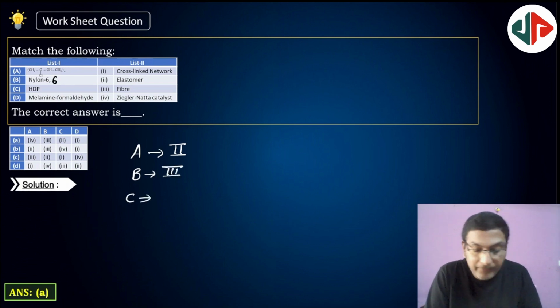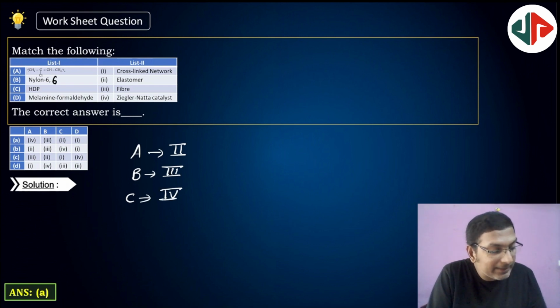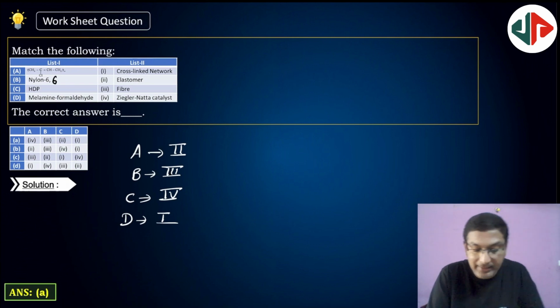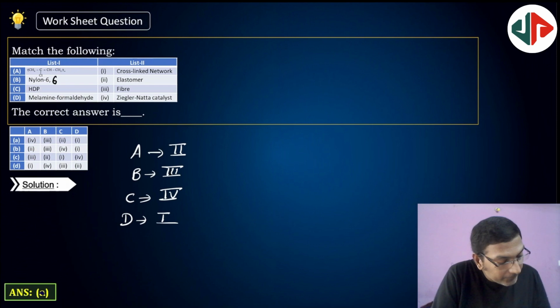Next C is 4, Ziegler-Natta catalyst, high density polyethylene. Next D, melamine formaldehyde, which is cross-linked. Therefore 2, 3, 4, 1 means option B should be there. Option B.